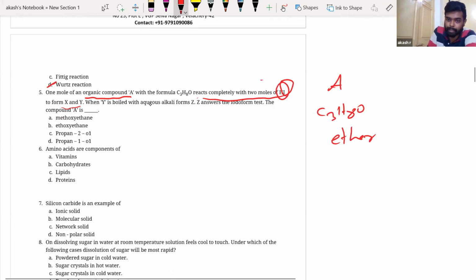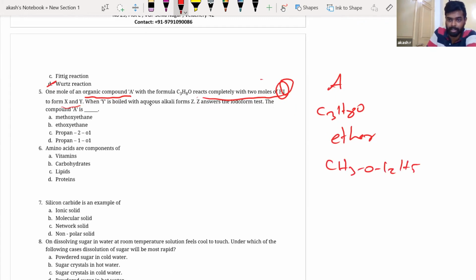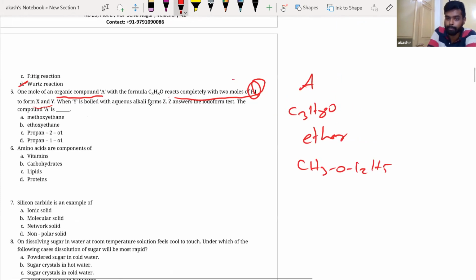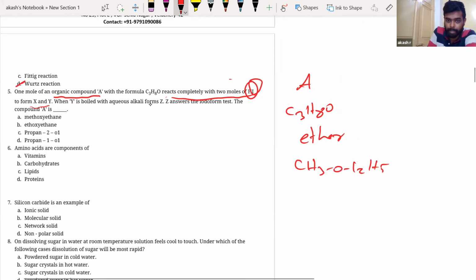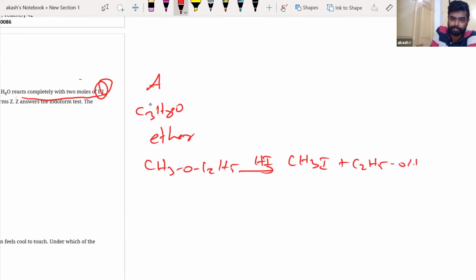Because, for example, if I had CH3-O-C2H5, CH3OCH2CH3, and I go for HI, completely dissociating, if I put 1 mole of HI, people, can I say I will form CH3I plus C2H5OH? Which bond am I breaking? I am breaking this bond, adding I here and H here.